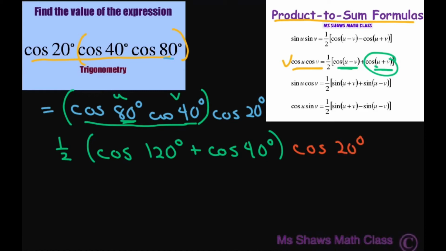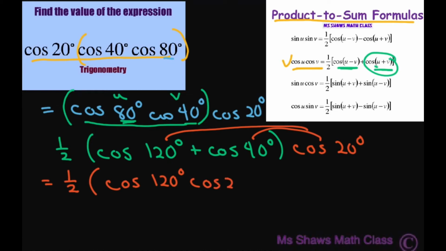So what I'm going to do is to distribute this, and this is going to give you 1/2, and then we're going to have cosine of 120 degrees times cosine of 20 degrees, and then plus cosine of 40 degrees times cosine of 20 degrees.